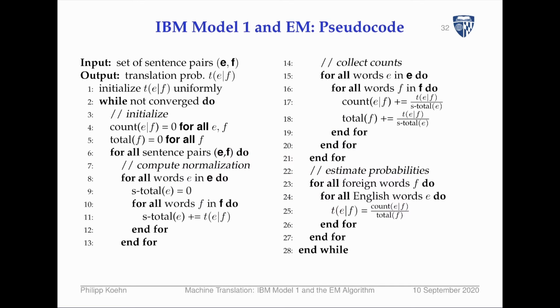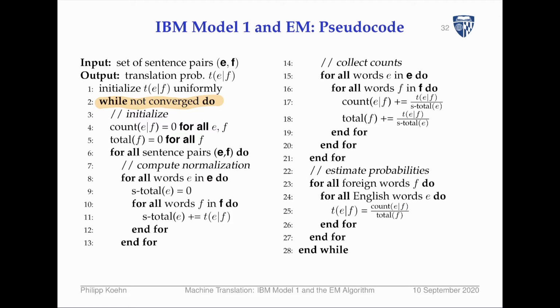Okay, here's some pseudocode for how this works. I'm not going to go into narrating over this. It's mainly meant for you to look at and work your way through the algorithm. Let me just point out that this is the convergence over the entire loop.